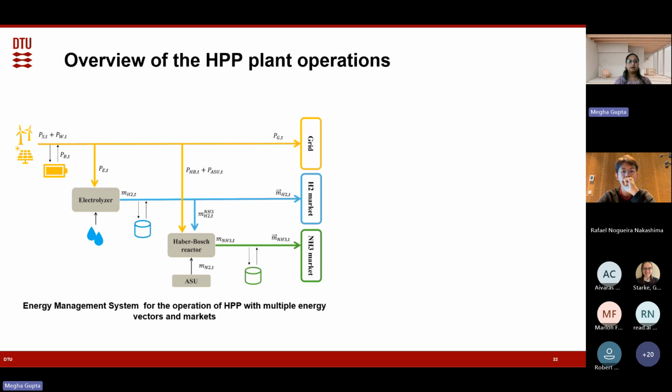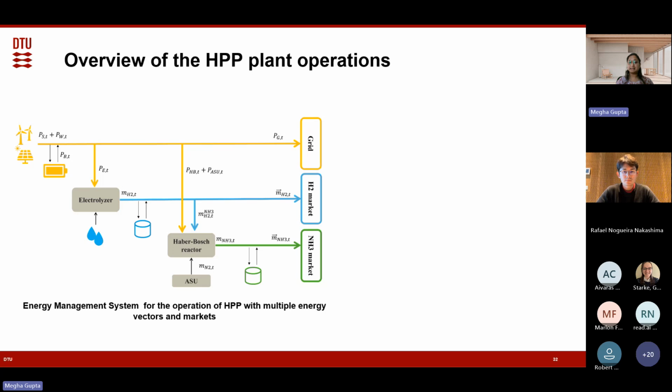And then again, just adding on to what I have shown earlier, if we are producing ammonia in this case, we have three market options. There can be hydrogen market, ammonia market, and electricity market all. And now the EMS will decide in which market it is profitable to sell the energy.